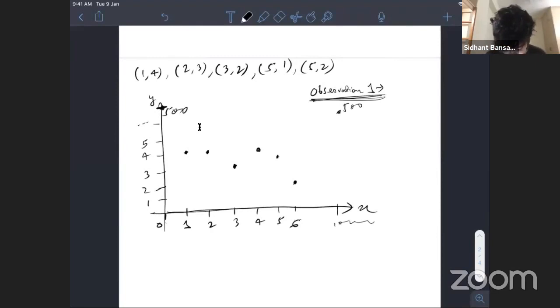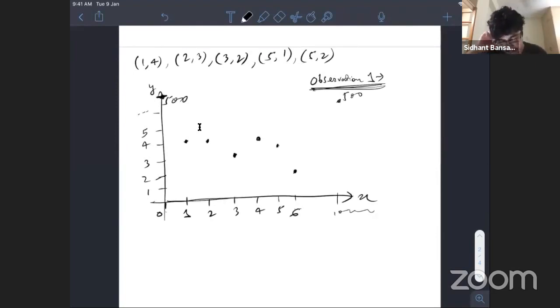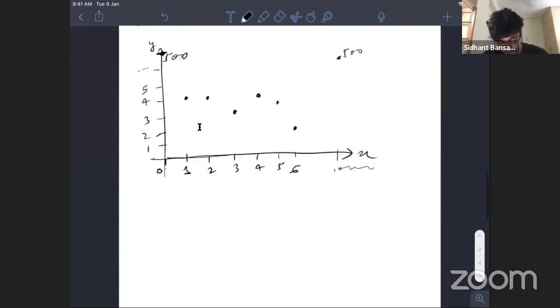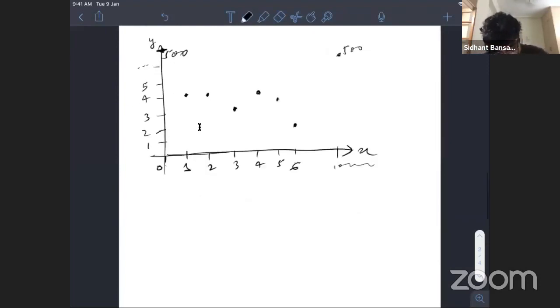But yeah. So for this question, our observation 1 was very crude, so let's redefine observation 1. Now it will be something like this. I'll write it out clearly.